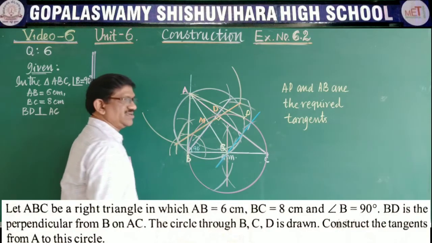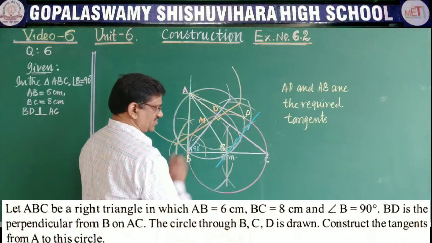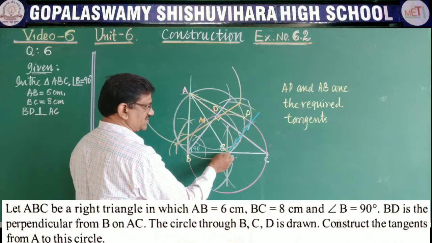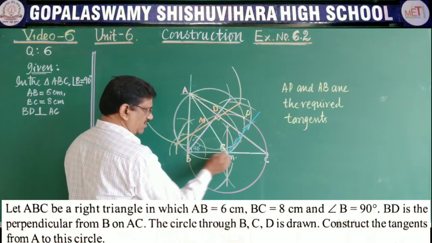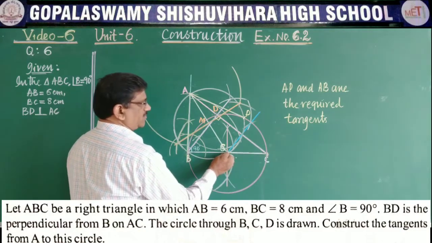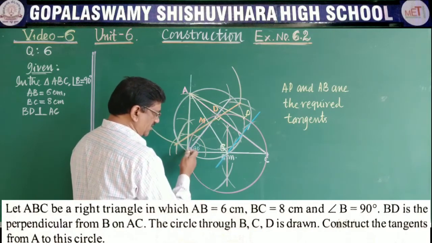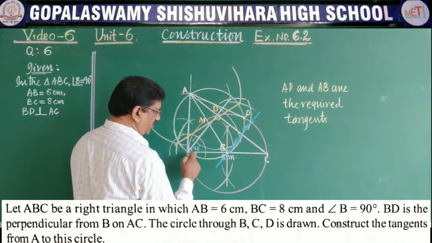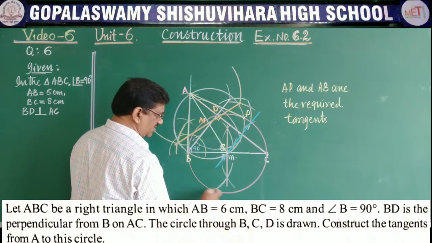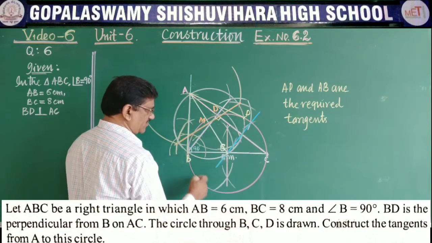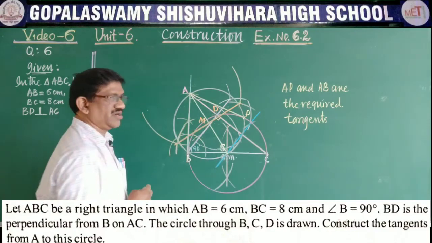It is nothing but the circumcenter. So with this point as a center, taking the radius of SB or SC or SD, if you draw a circle, that circle passes through B, C, D. This is the pink circle, the circle required for that. For this pink circle, we have to construct tangents.